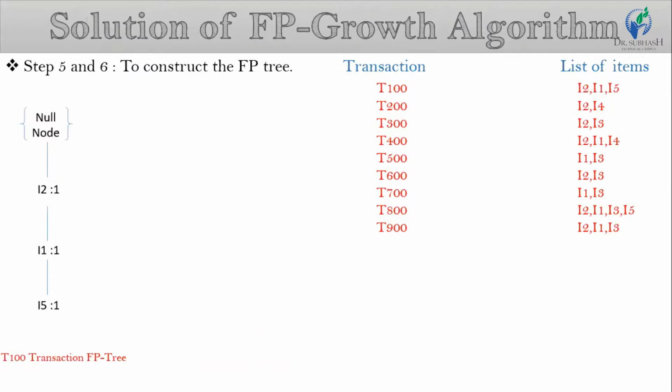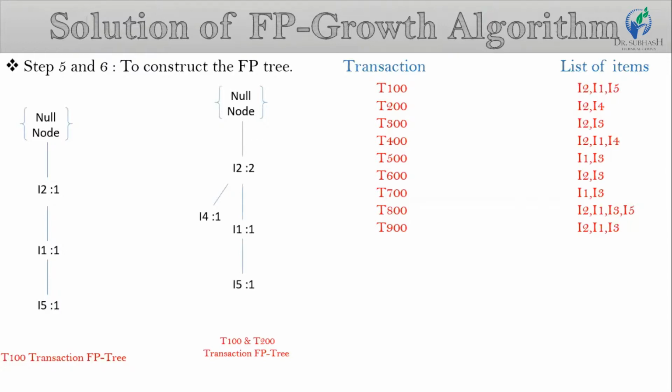Now, the second transaction, T200, contains the items I2 and I4, which would result in a branch where I2 is linked to the root and I4 is linked to I2.